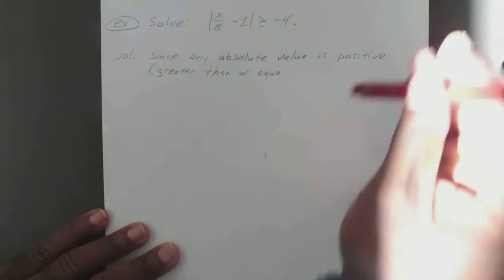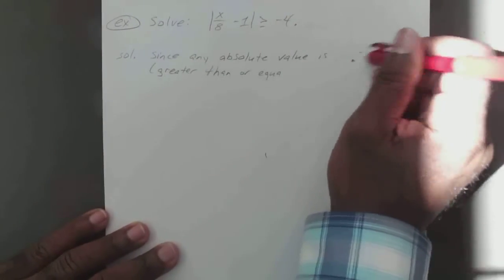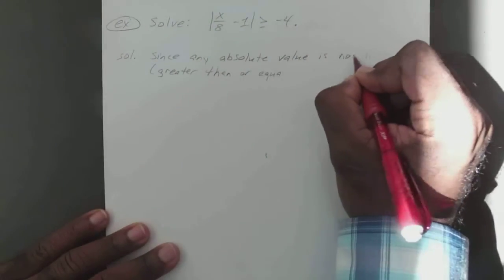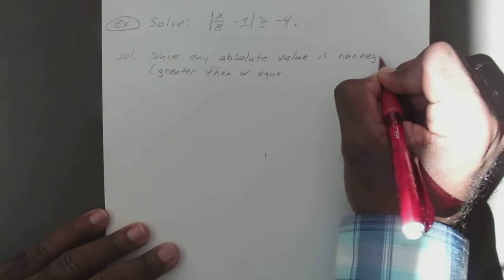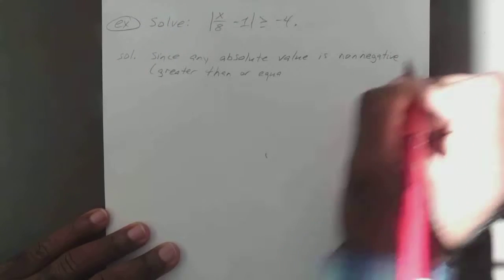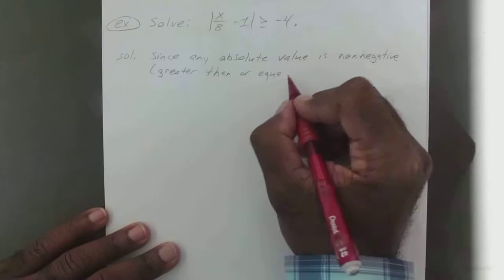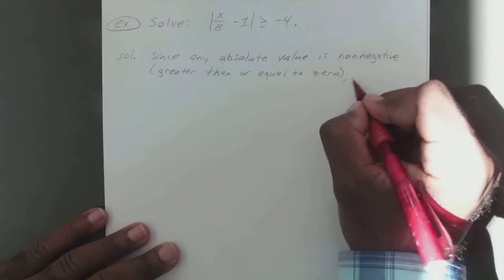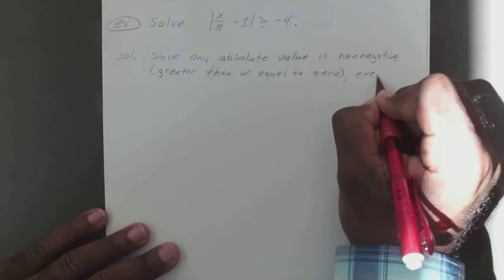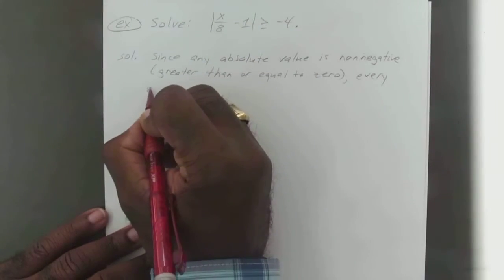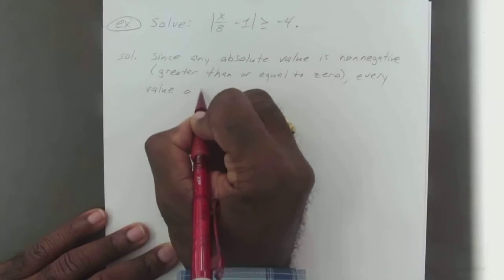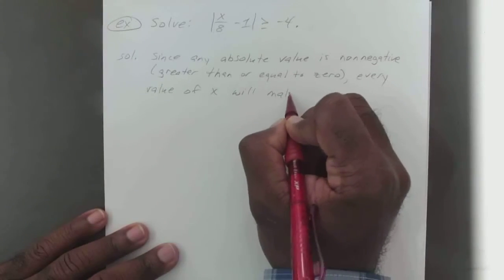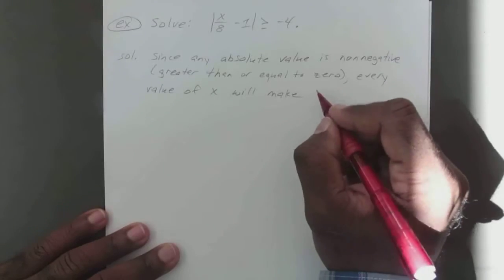Well, positive is not the right word, say non-negative, that's more accurate. Because it's a possibility, it's just equal to 0. Every value of x will make this greater than negative 4.